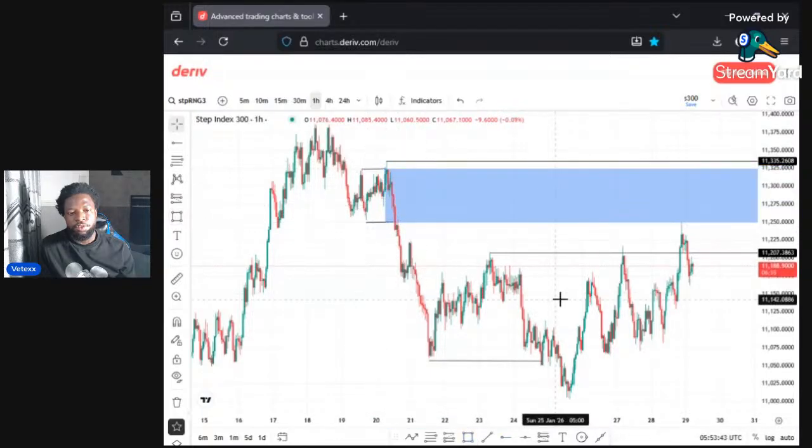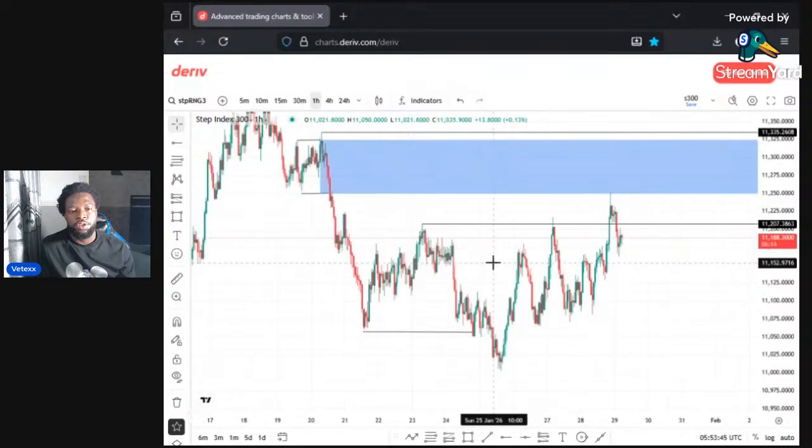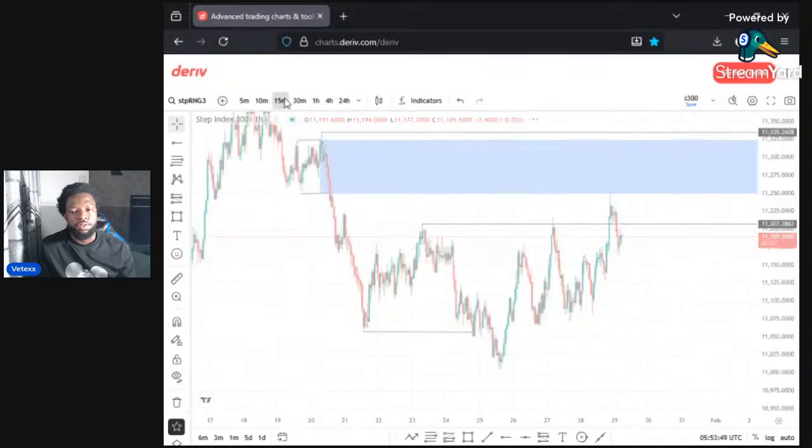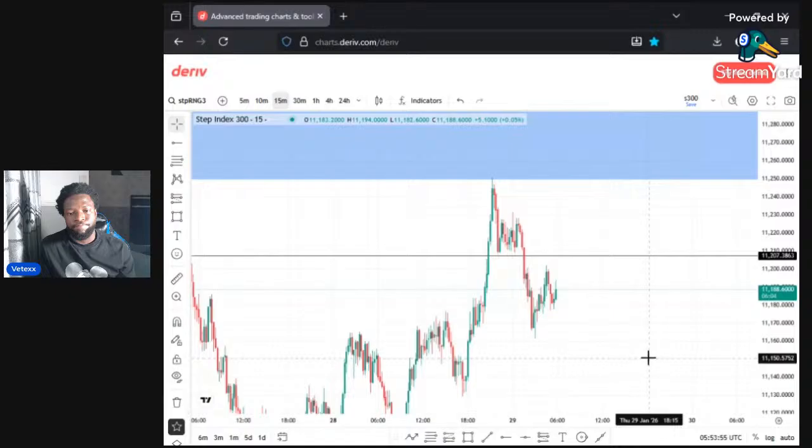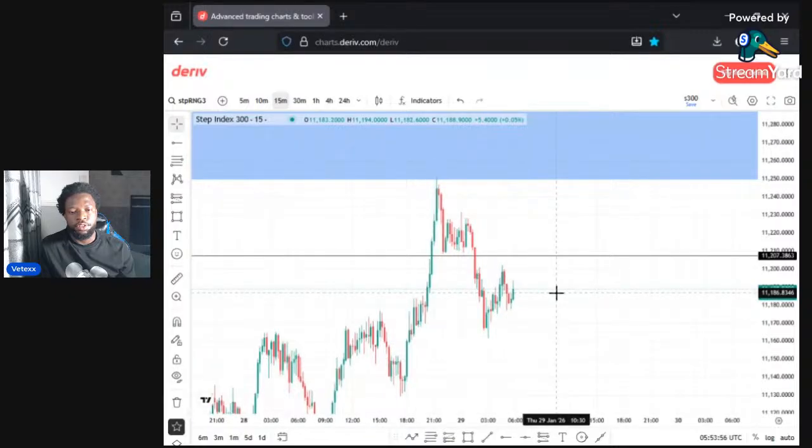Price has already tapped into the point of interest. So let's go to the 15 minutes time frame and check if we are going to see our continuation on the 15 minutes. You can't spot any 15 minutes continuation, so we'll go to the next pair.